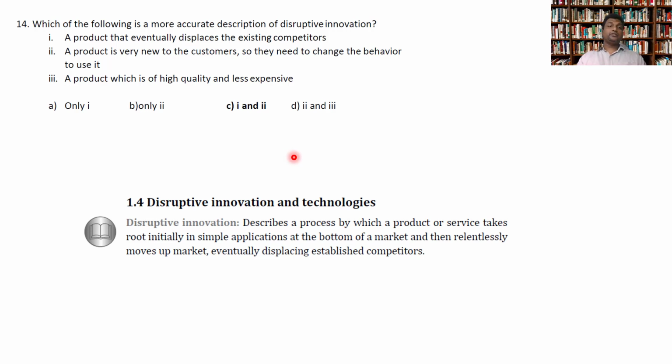Which of the following is more accurate description of disruptive innovation? So if you first look at what the textbook says here, disruptive innovation describes a process by which a product or service takes root initially in simple applications at the bottom of the market and then relentlessly move up the market, eventually displacing established competitors.